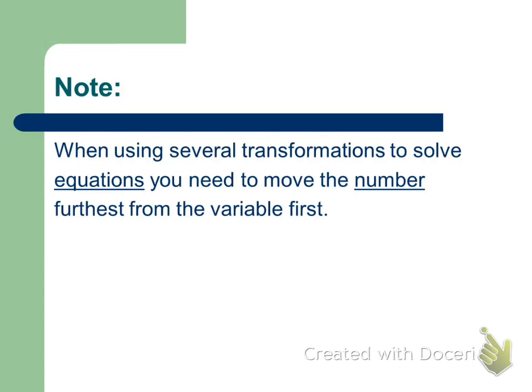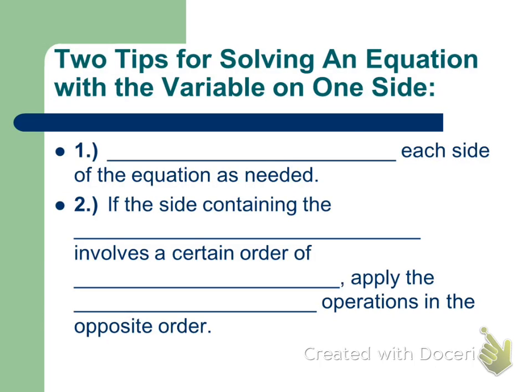When using several transformations to solve equations, you need to move the number furthest from the variable first. Alright, 2 tips for solving an equation with the variable on one side. The first tip is to simplify each side as needed.